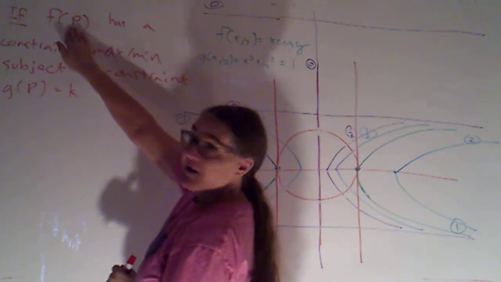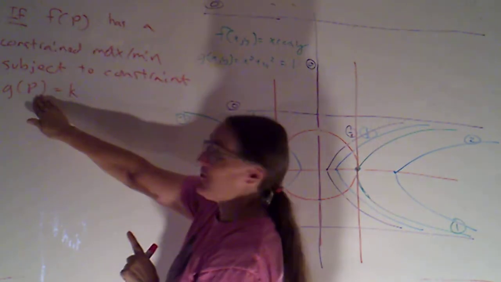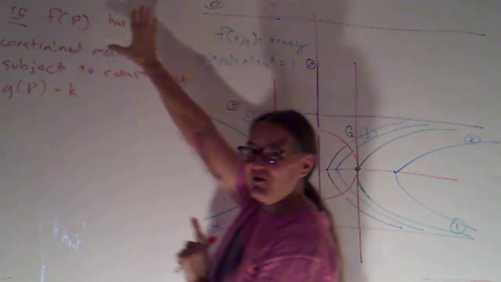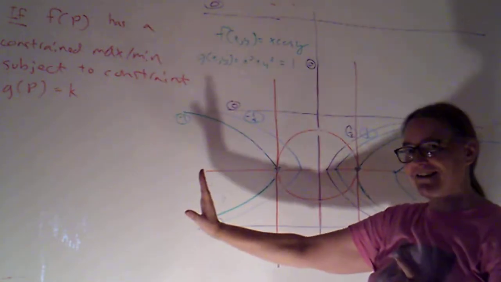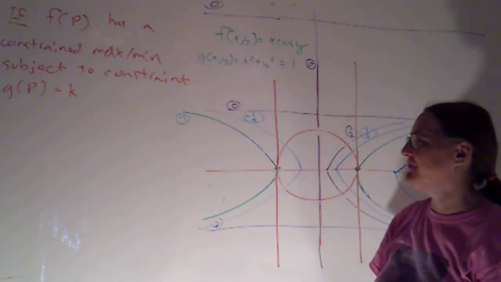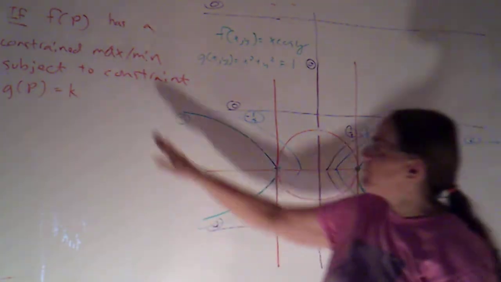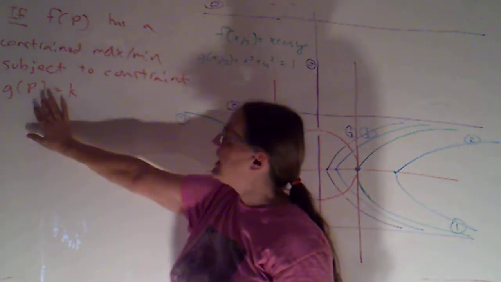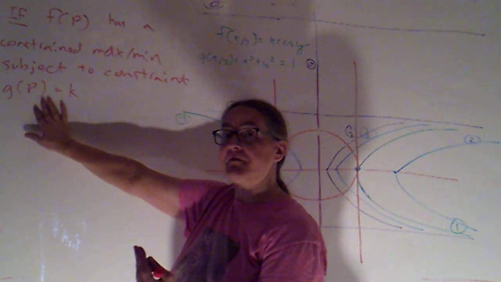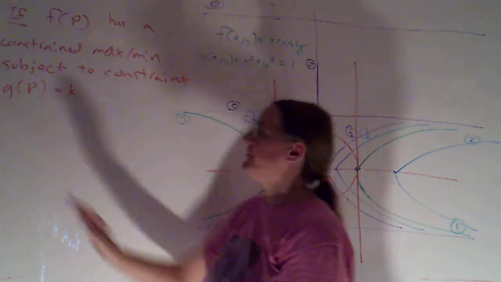Now, if this p is a point in 2 space, and I'm working with a function of 2 variables, my constraint is a level curve for a different function of 2 variables. If I'm working with a function of 3 variables, my constraint would be a level surface for a function of 3 variables. Okay.